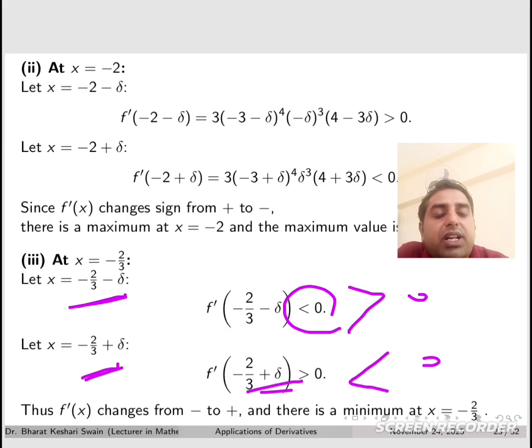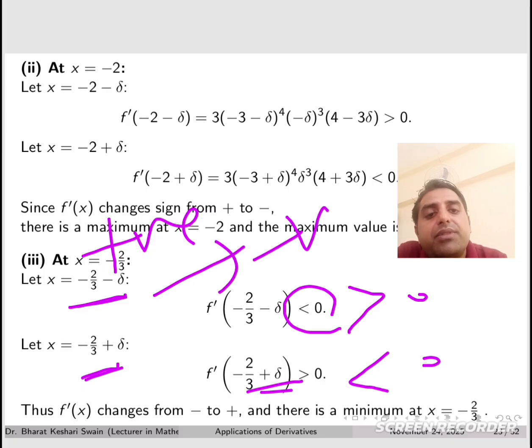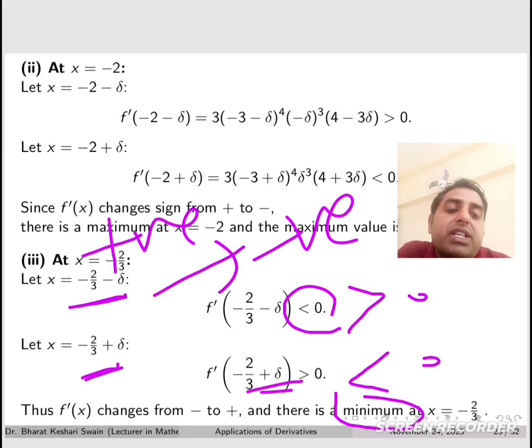And if we get like this, then your sign changes, it will be positive to negative. It is positive to negative, so it is maximum. Because it is written as minimum, but it will be maximum. Just a printing mistake, sorry.